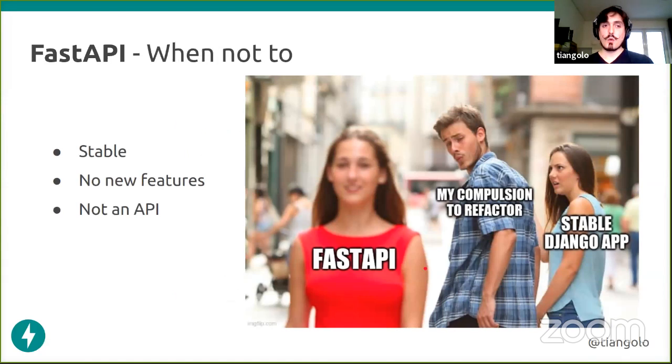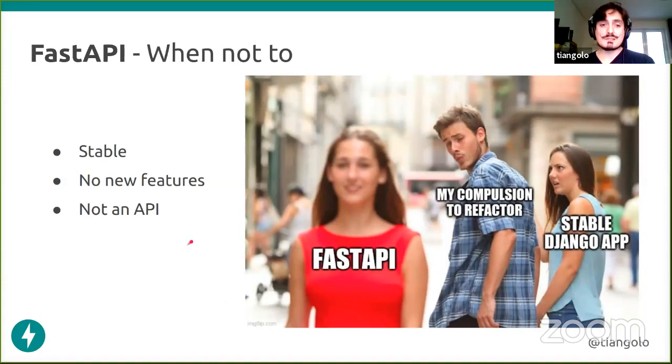Now, when not to use FastAPI? Let's say that you have your very stable Django application that doesn't need any new features, that is working pretty well, that doesn't need more performance, more concurrency, then there's actually not much of a need to refactor that just to FastAPI, just because.